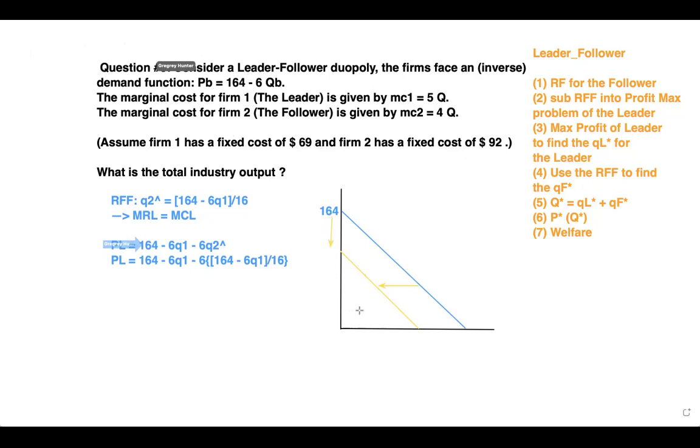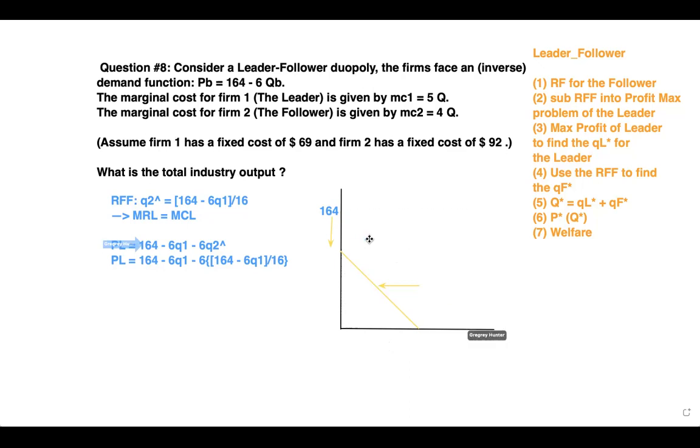The slopes are the same. And then we would end up with this yellow demand curve, which is the demand from the perspective of firm 1. It's the demand that's left over for firm 1. But here we don't do that. That's just the typical residual demand situation in most cases.